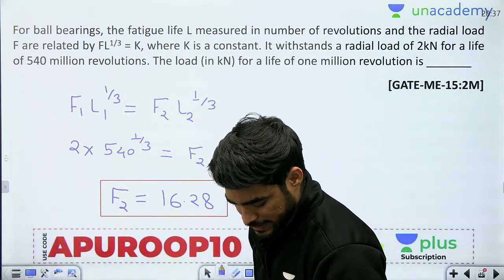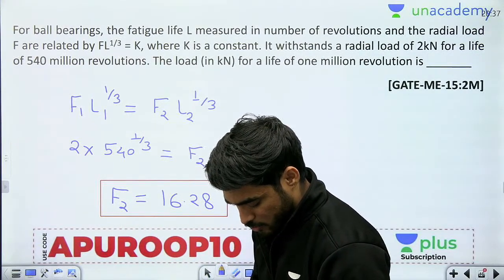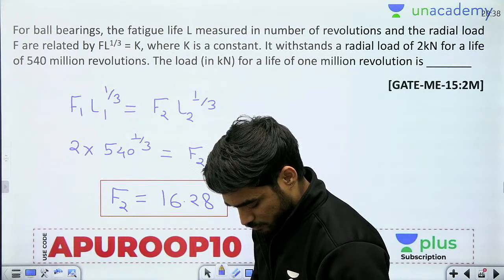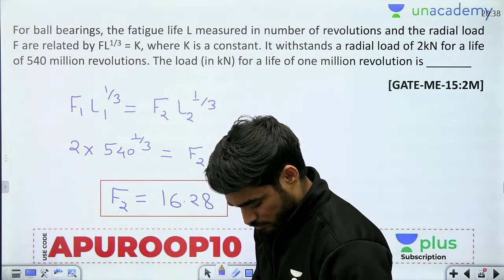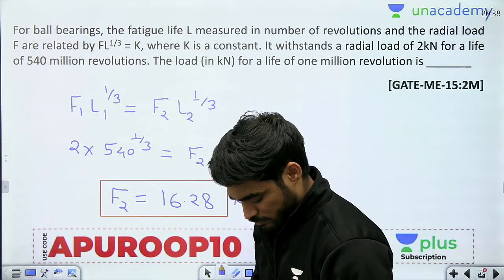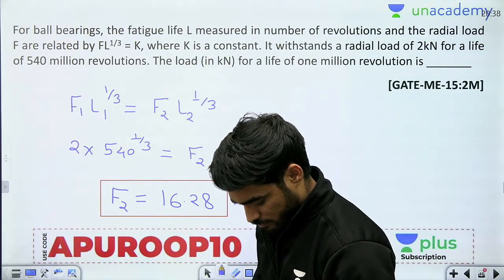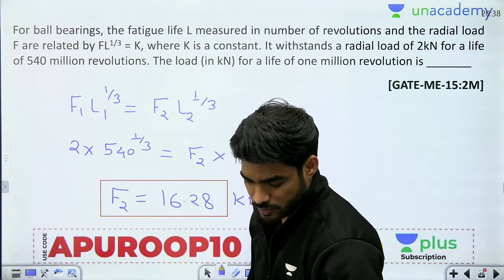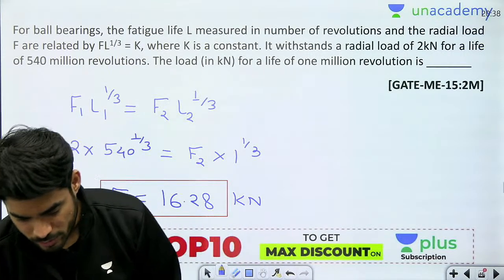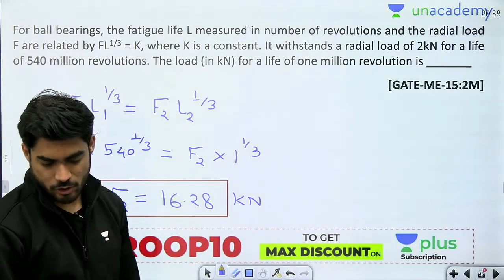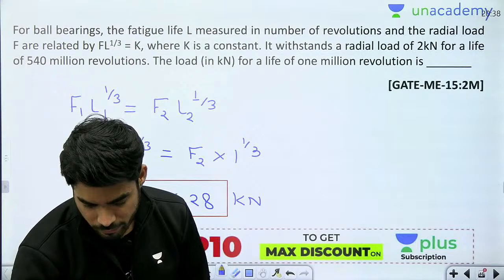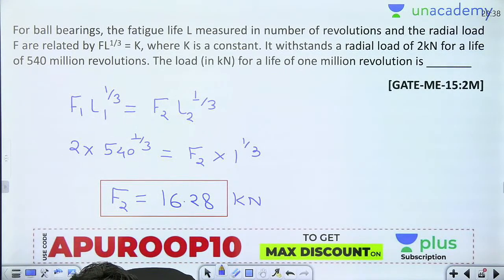Very good, Utkarsh. Yes, very good guys. Very good Gopala Krishna, very good Ayush, very good Pravalika.